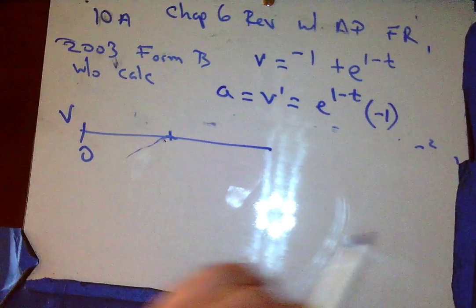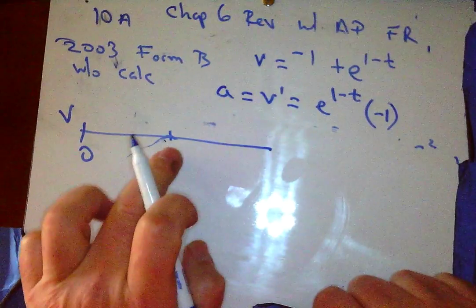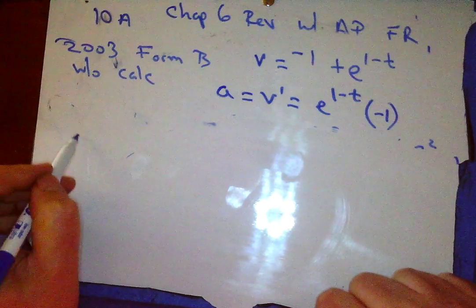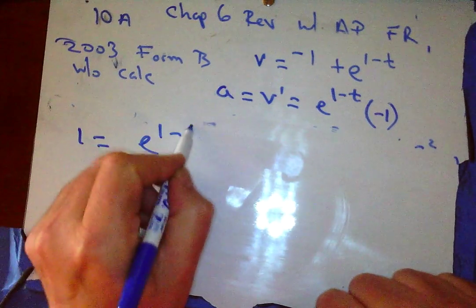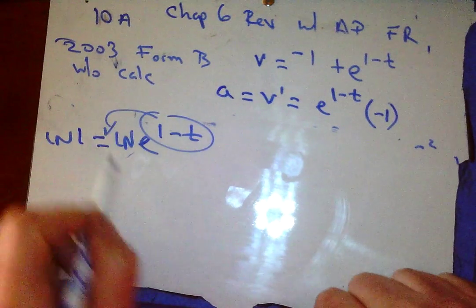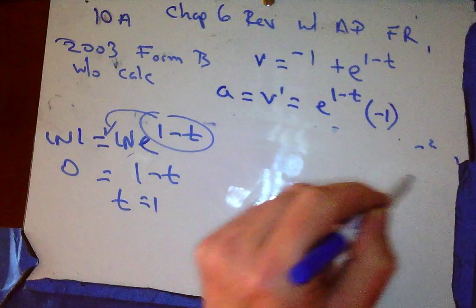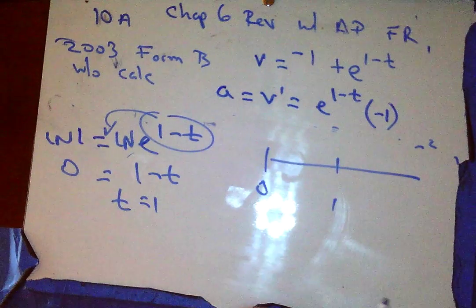Well, let's think about this V thing we've got here. When is V equal to 0? Well, that's going to be when 1 equals e to the 1 minus t. We take the ln of both sides. We get 1 minus t equals 0, where t equals 1. So 0 and 1.